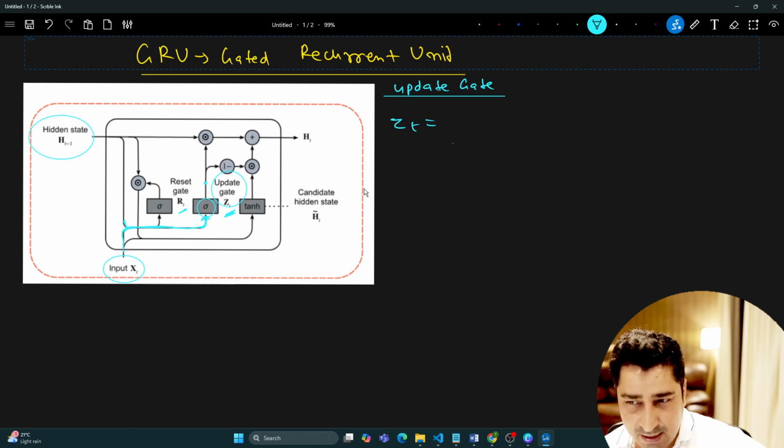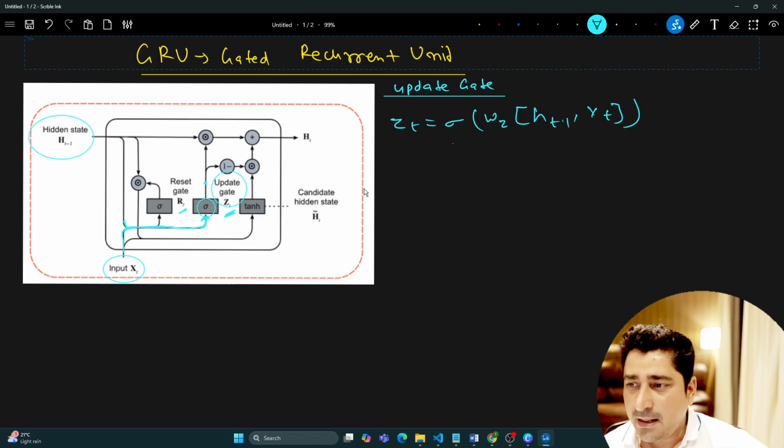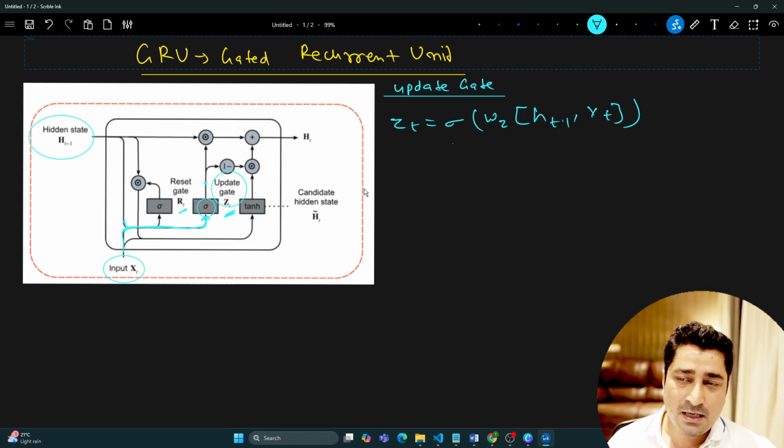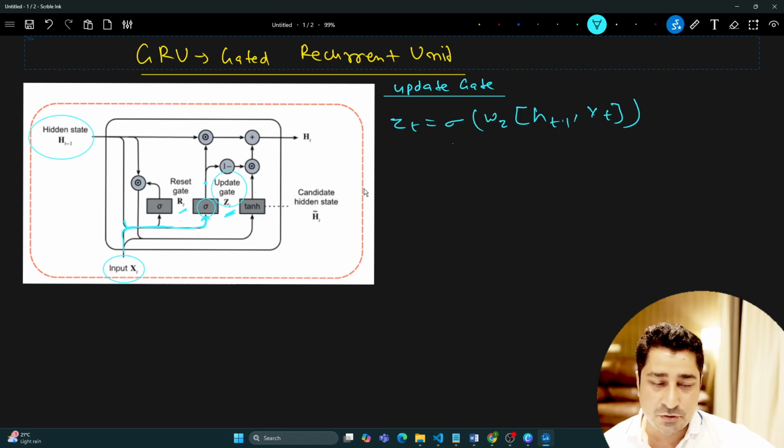So the inputs h t minus 1 and x t get into this sigmoid. It goes as w of z, applied to h t minus 1 and x at time t. This is what the update gate takes, and then it decides how much past information it is supposed to keep.